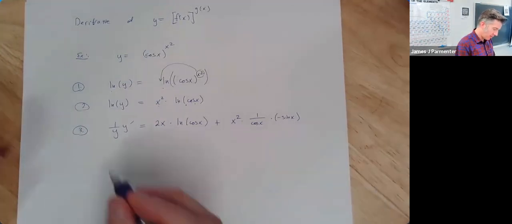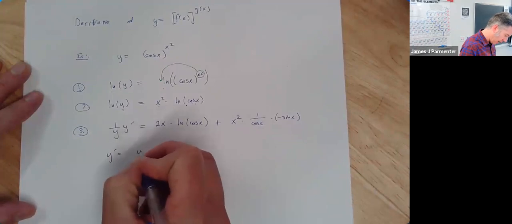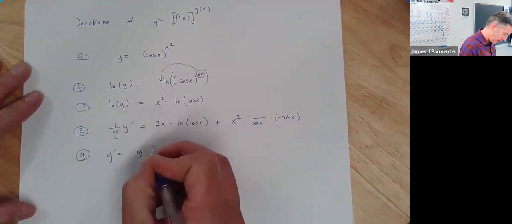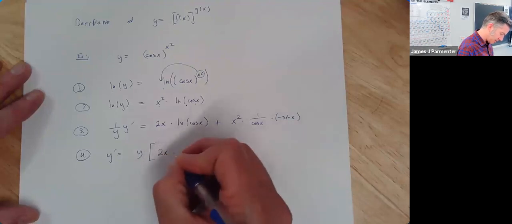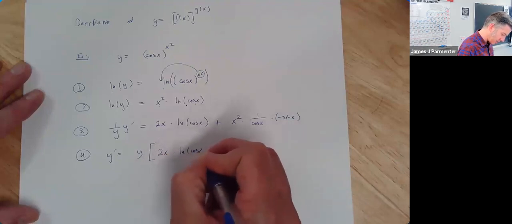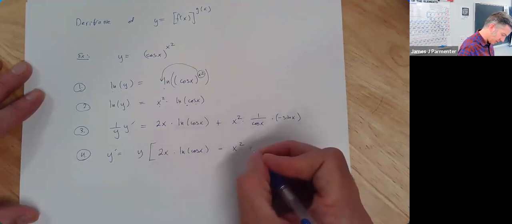All right, now we're going to simplify. We're going to solve for y prime. So y prime is going to equal y times, and I would simplify this stuff a little bit. I would write this as 2x times the natural log of cosine of x minus x squared times sine over cosine, which is tangent.